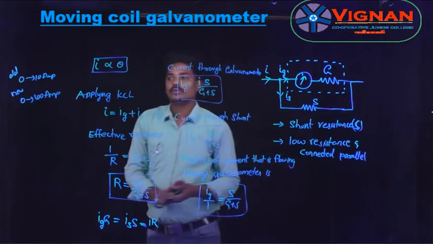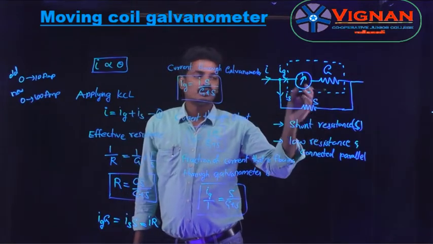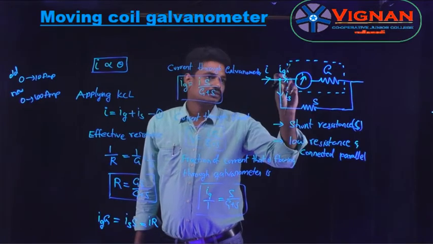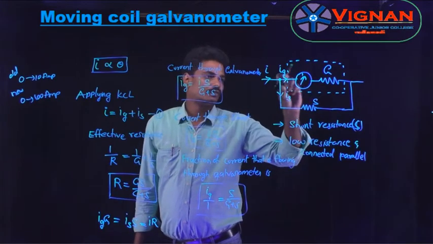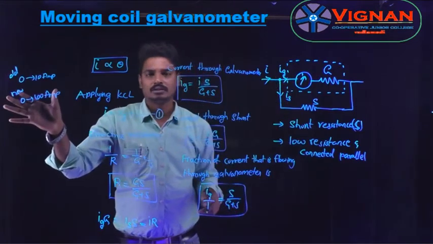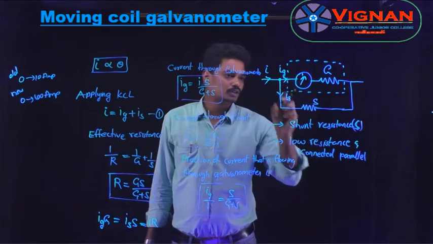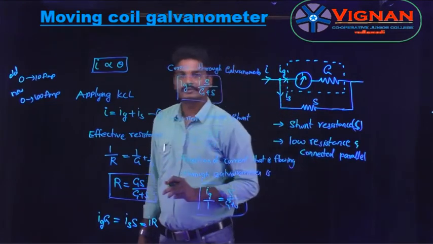So by connecting the shunt resistance, the current flowing through the galvanometer should be in the range of 0 to 10 only. The remaining current should be forwarded towards the shunt resistance.